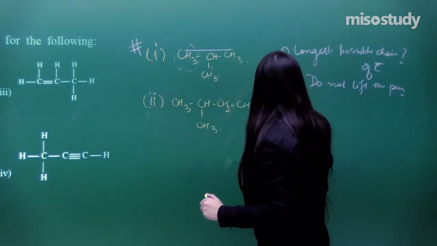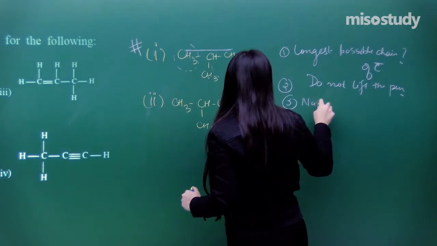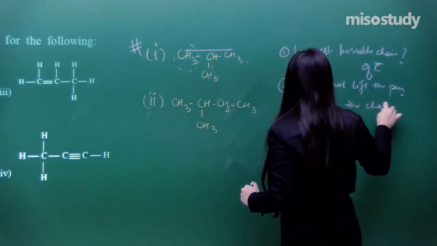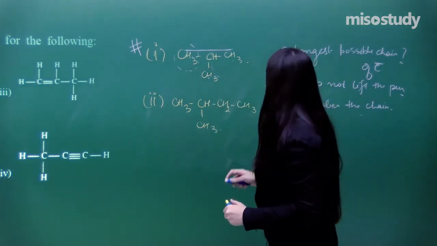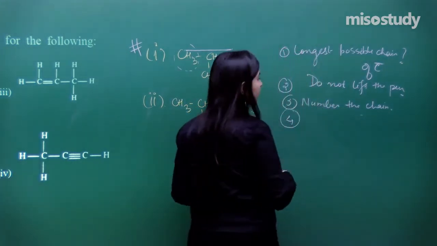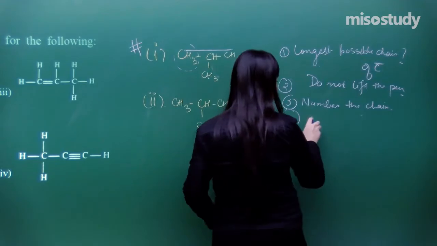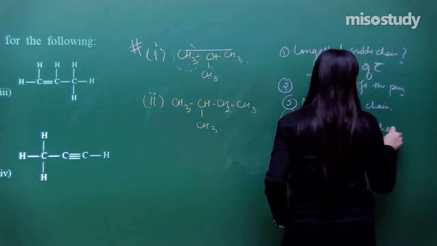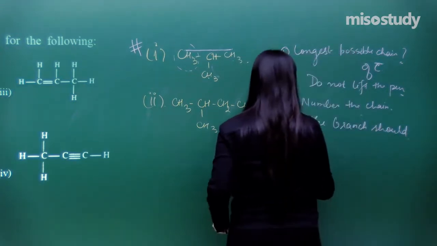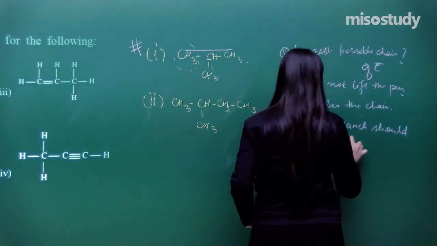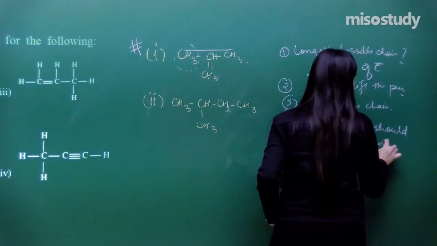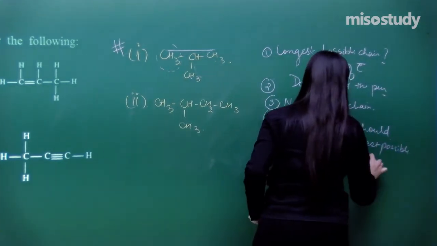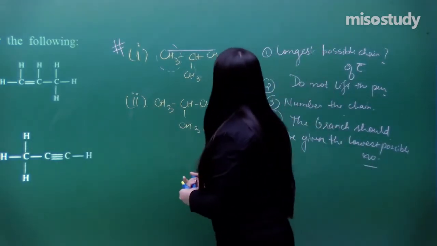Just try to number the chain, okay. And the fourth point to be kept in mind while numbering, the branch should be given the lowest possible number, okay, lowest possible number, fine. Let's see here.